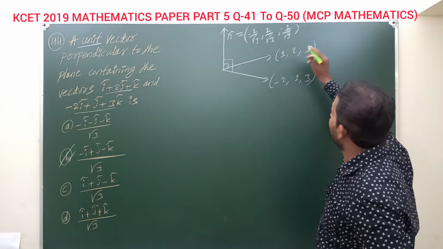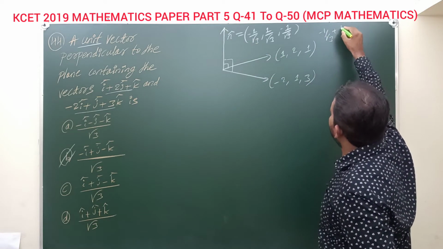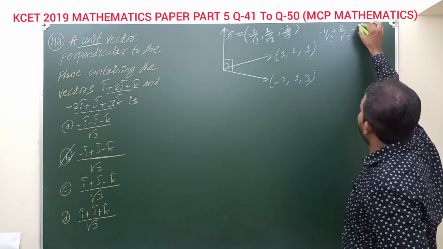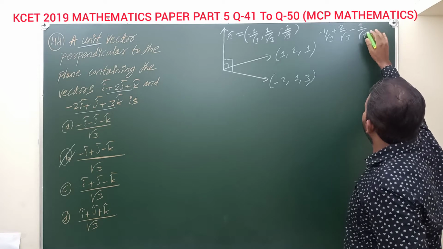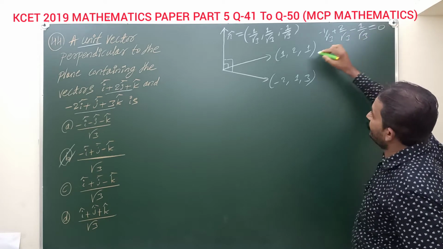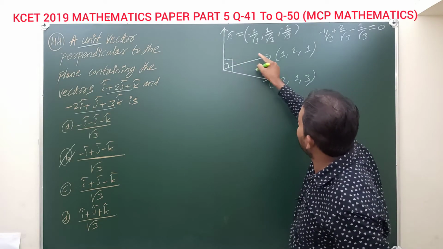Minus 1 by root 3 into 1 minus 1 by root 3 plus 1 by root 3 plus 2 by root 3 plus minus 1 by root 3. So here minus 2 by root 3 plus 2 by root 3 cancel each other, becomes 0. So this n cap is perpendicular to the first one.